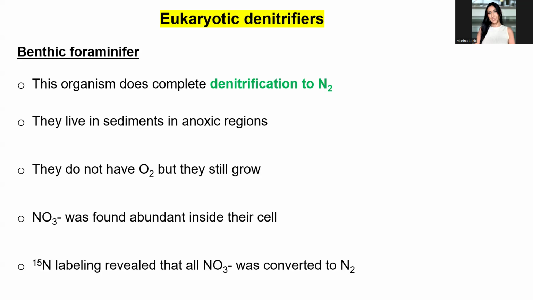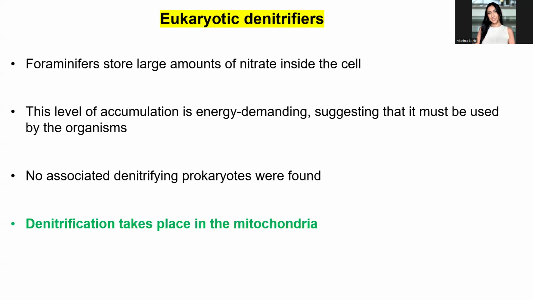When they did labeling with radioactive nitrogen in nitrate, they saw that the labeled nitrogen appears in the atmosphere as N2, which means that they actually use their own nitrate to produce atmospheric nitrogen. These foraminifera store large amounts of nitrate in their cells, so it's very energy demanding.